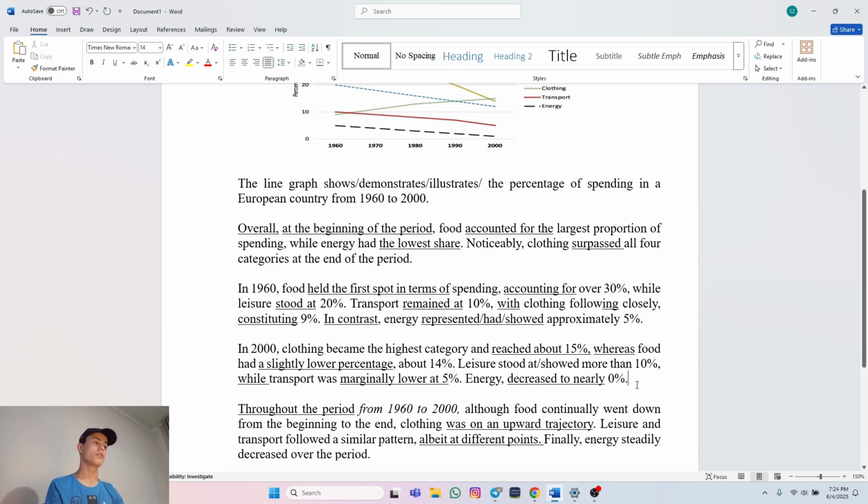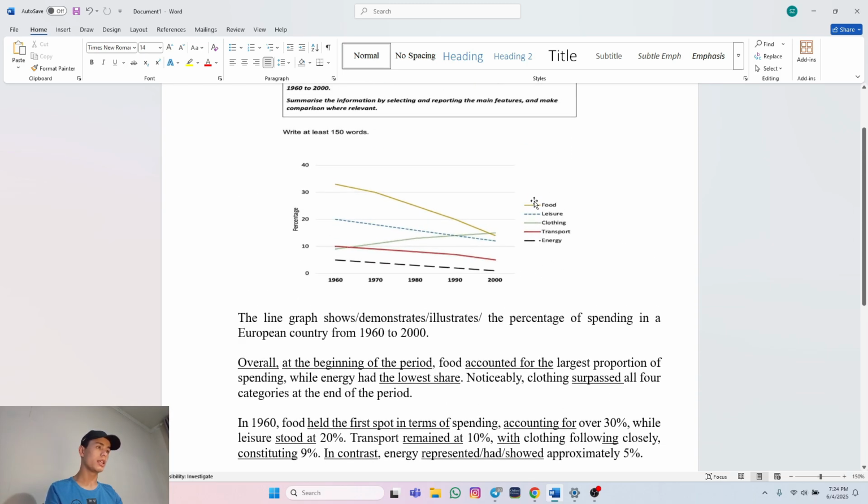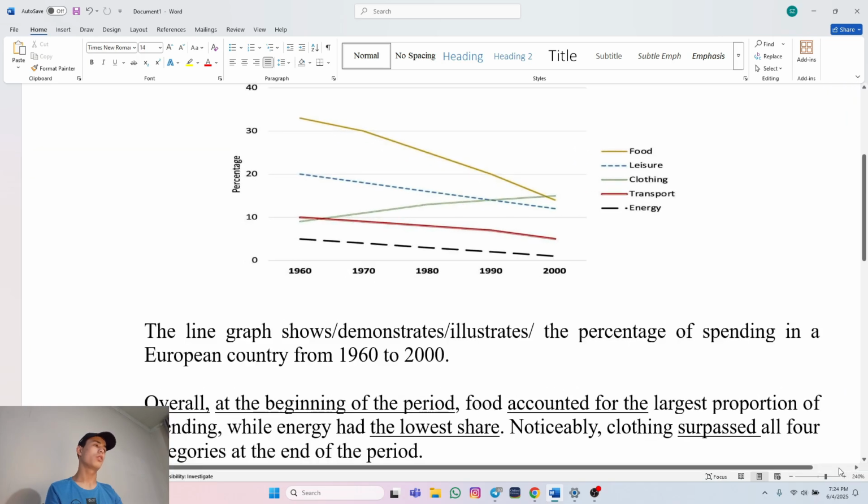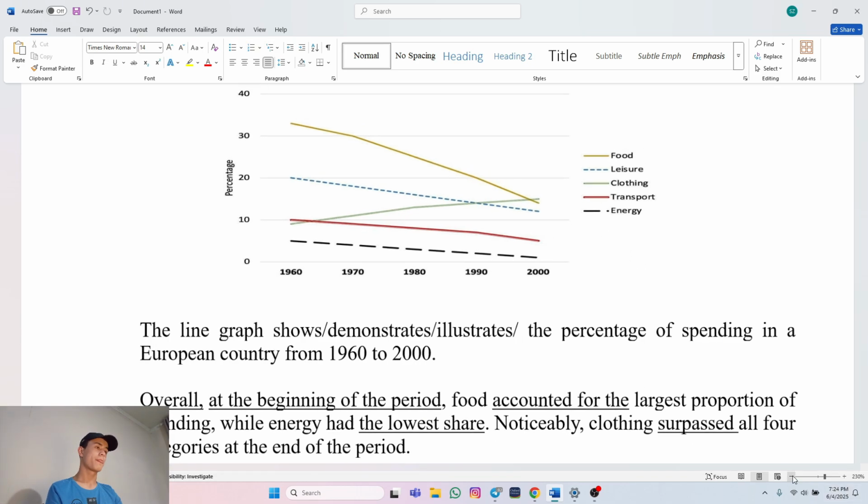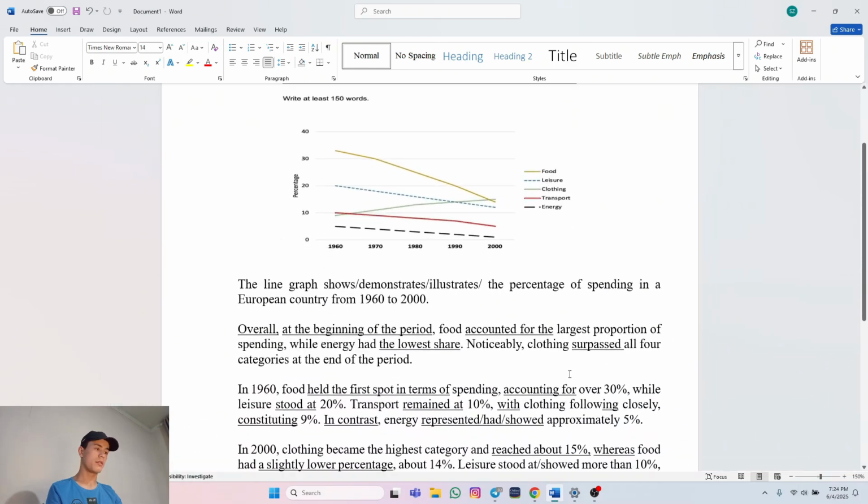You also know this word. Whereas food had a slightly lower percentage, right? Food, the yellow one, followed very closely, with a difference of only 1%, right? And we are describing this.